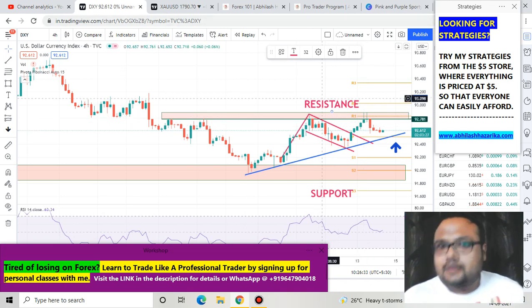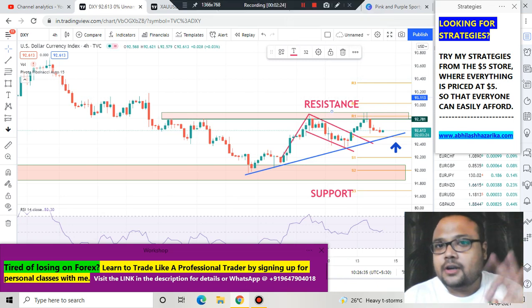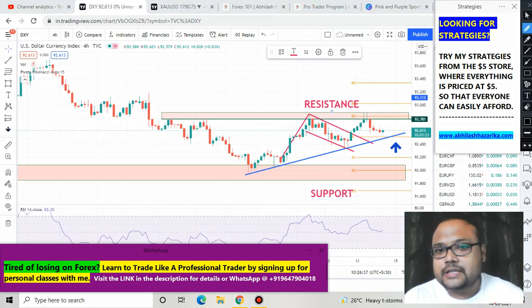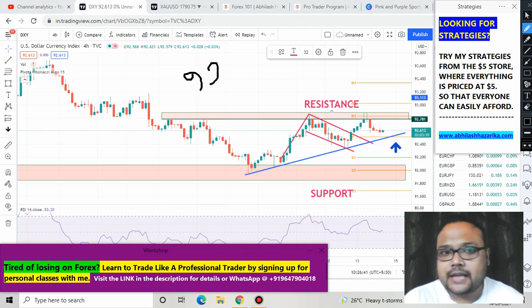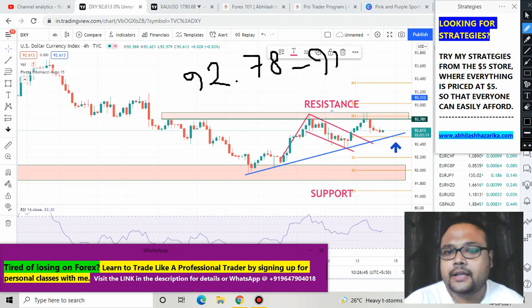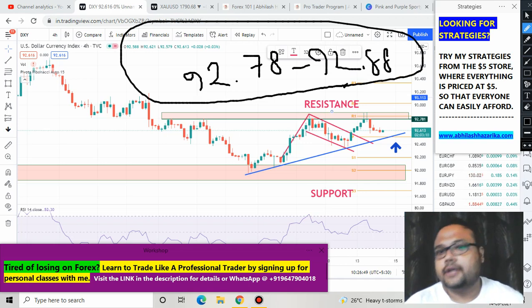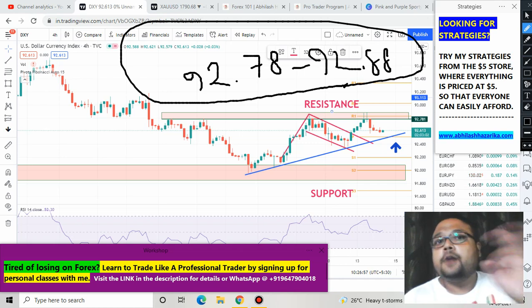So ultimately, the US dollar has failed to cross this resistance level here, and the ultimate resistance is at 92.78 to 92.88. This is the resistance level on the chart of US dollar, and dollar has failed to cross it. But one thing we need to focus on here is that though it has come down, it did not break the previous low.